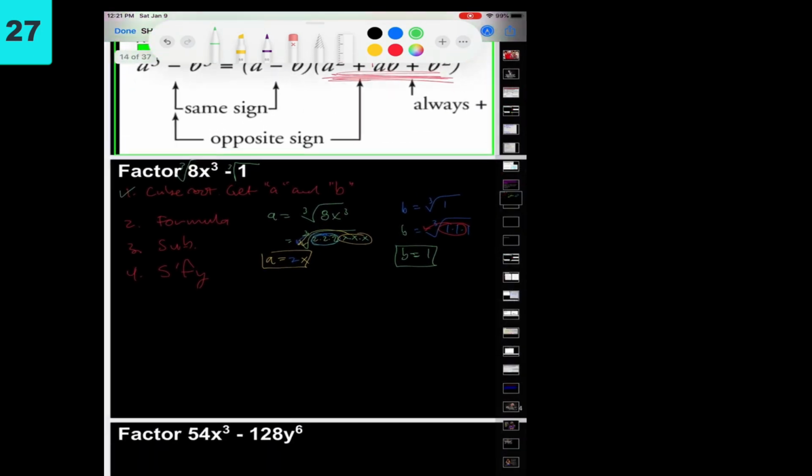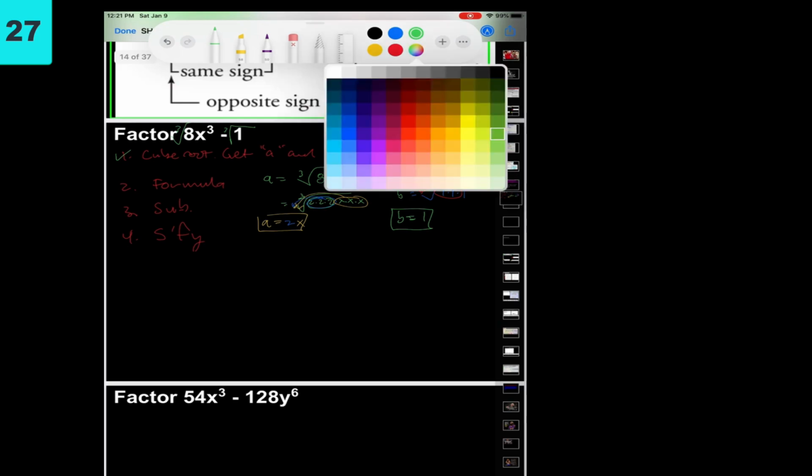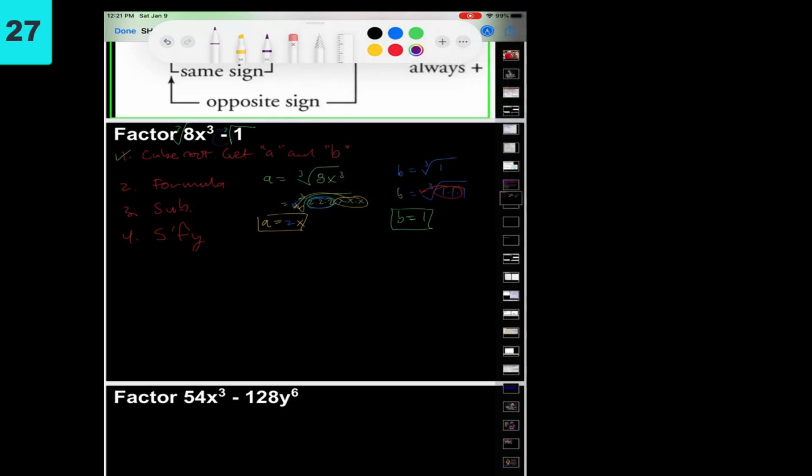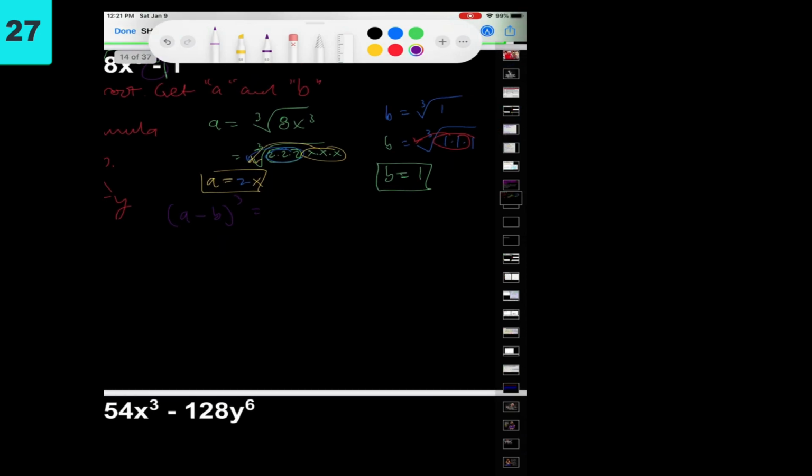Okay, so what is our formula? Well, notice that we have a minus sign. So in your formula, you're essentially going to use a minus b cubed equals a minus b times a squared plus ab plus b squared.